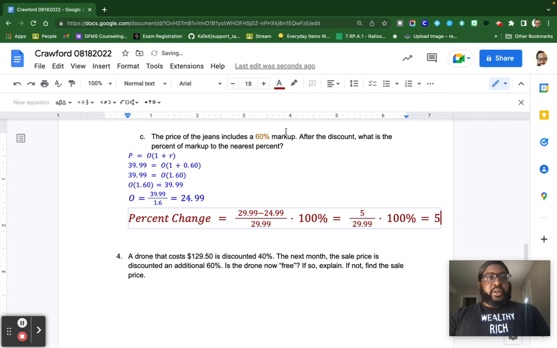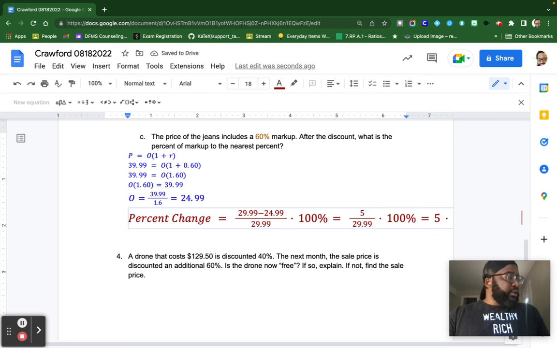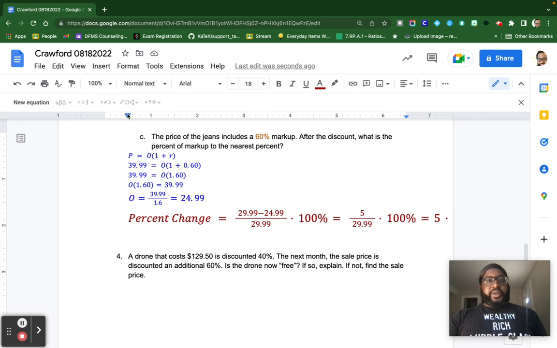Oops, I don't want to put this, I want to put this times. Divided by 29.99. And that is going to be equal to, to the nearest percent, I believe, 30%. Let me double check. Oh, it was 20%. My bad. Now allow me to make some changes.